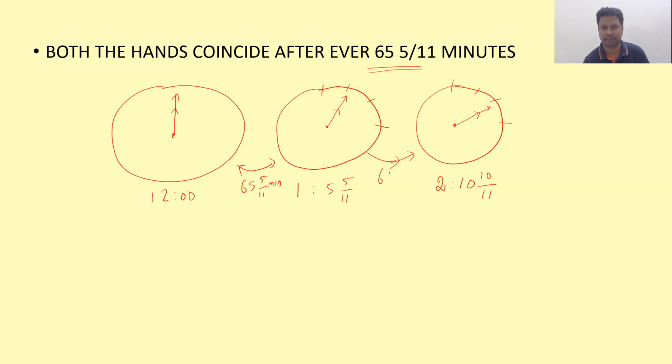So this coincidence happens after 65 5/11 minutes. We can go the same way and so on, and we get the same answer. So after every 65 5/11 minutes there will be 0 degrees, that is a coincidence, an overlapping of the hands.